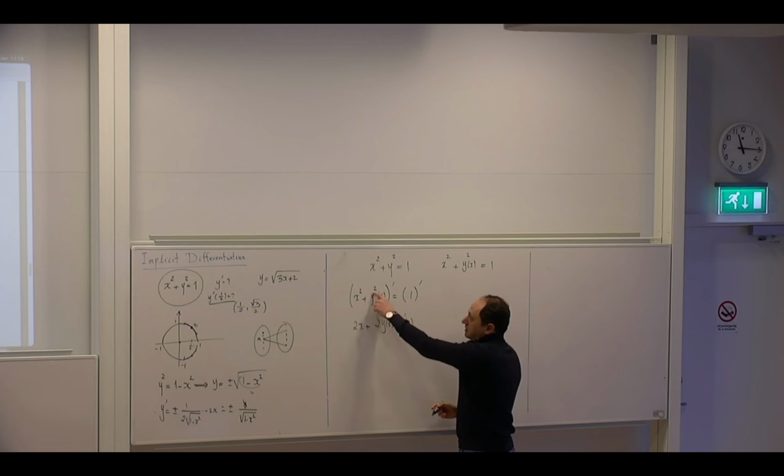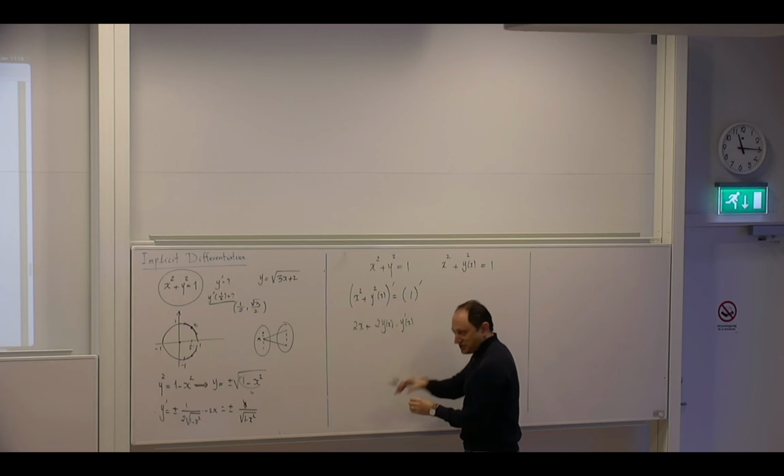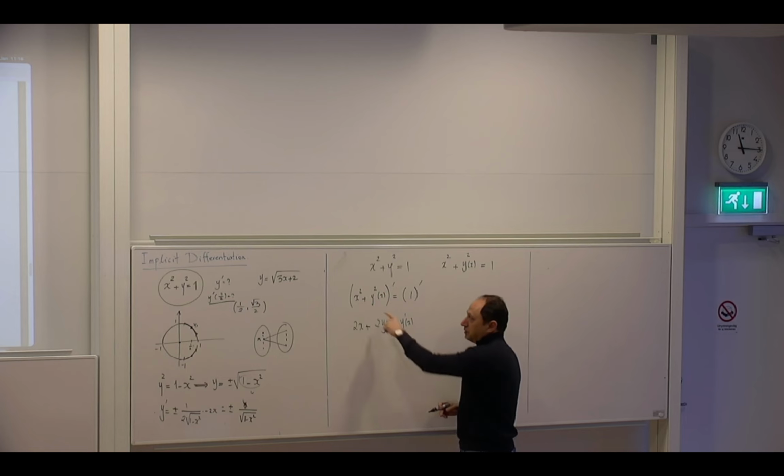This is a function of x. X is independent, there is nothing inside it if you want to think it that way. But y is a function of x. So if you want to give the role of u, you can give it to the whole combination. This is u squared. And the derivative of u squared, as we learned, is 2u multiplied by u prime.